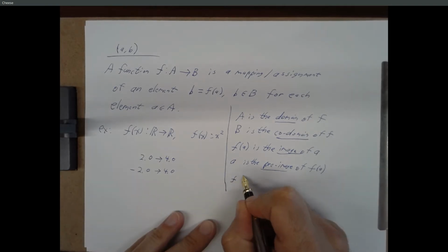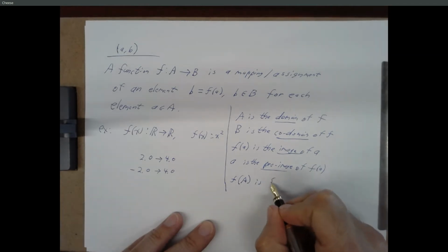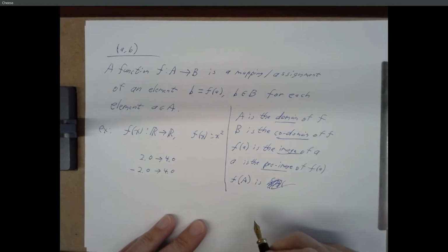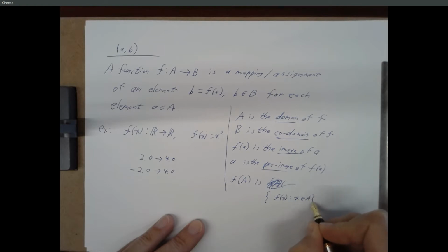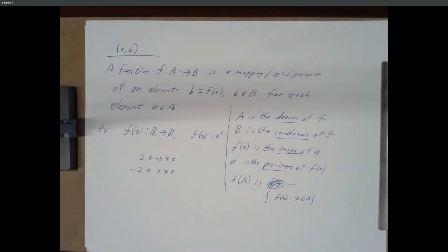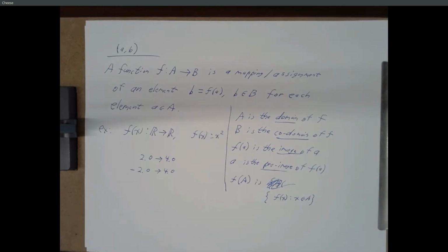And we'll sometimes write f of big A, which is the set of all f of, it's not a set. Yeah, it is a set. It's the set of all f of x, where x is an element of A. So f of big A, where big A is a set, means the collection of f of everything in that set. So take every possible value in A and find f of that, and you get a bunch of things in B. Okay, that's a set.